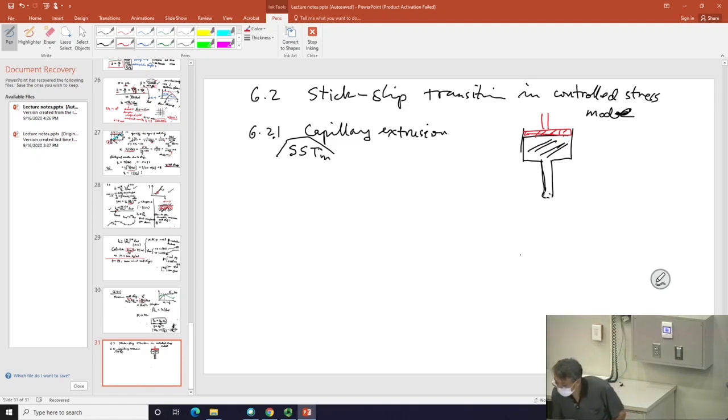There are really always two ways to push. You can push it with a constant pressure, or you can push it with a speed of that piston. We call this piston.